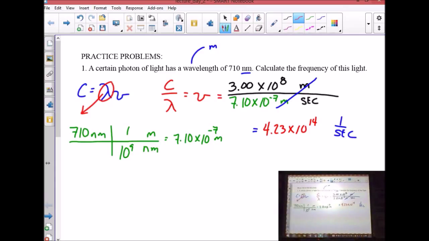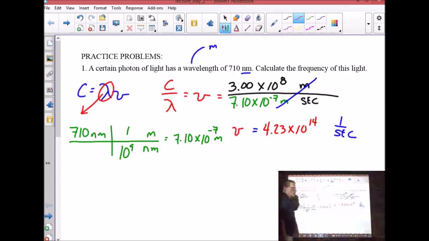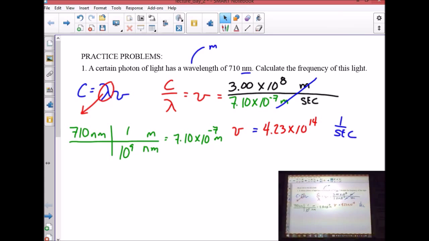If we have a negative on there, that means we have less than 1 per second, and light moves pretty fast. So if you ever get a negative exponent for a frequency, question yourself. Say, wait a minute, I thought these things move fast in a second. And they do. They move at the speed of light. All right, everybody good on that one?